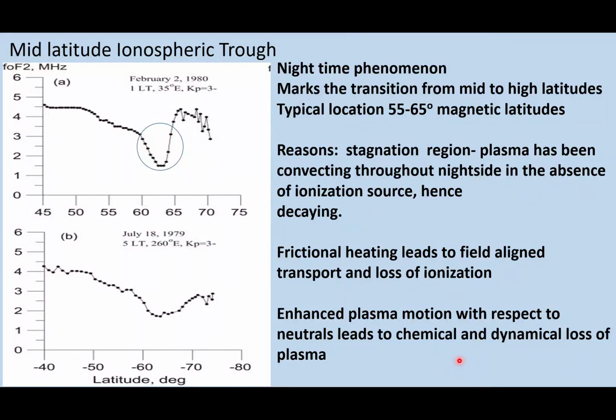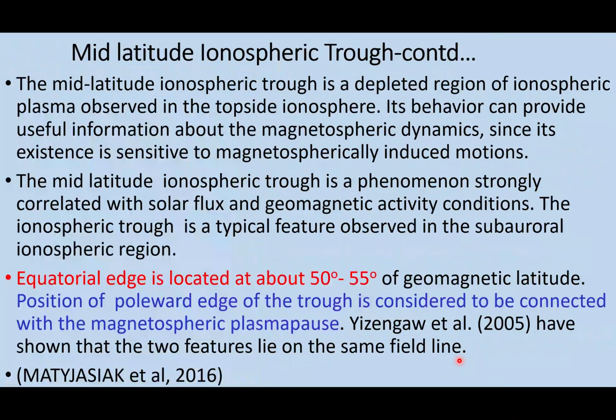And some more details about this are here. For example, the equatorial edge is located at about 50 to 51 degrees of latitude. The position of the poleward edge of the trough is considered to be connected with the magnetosphere. We have not touched upon it yet, but there also is a plasmapause, a transition between ionospheric plasma and magnetospheric plasma.